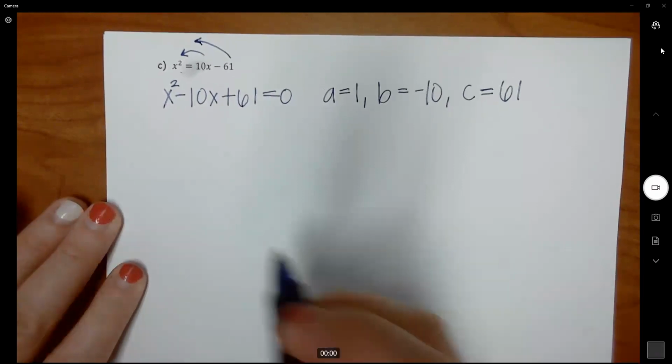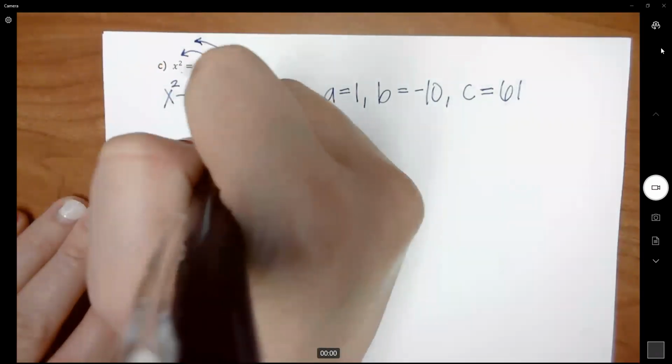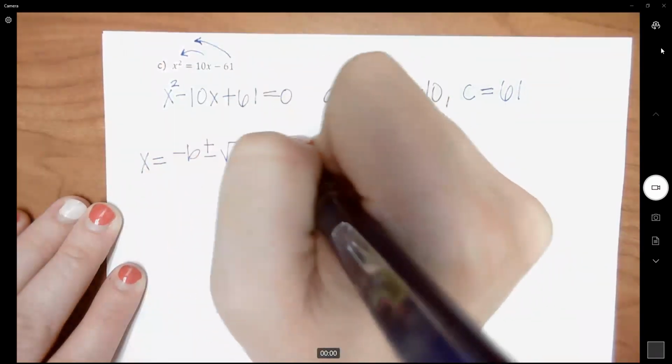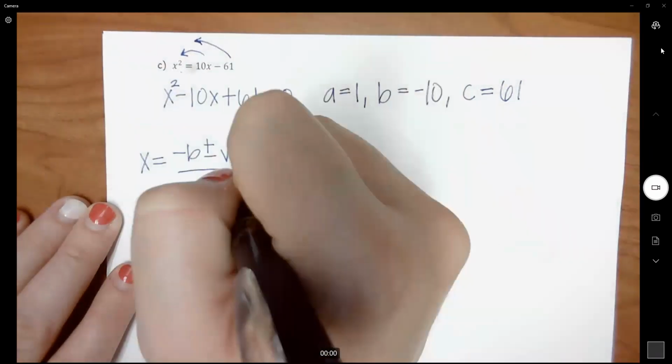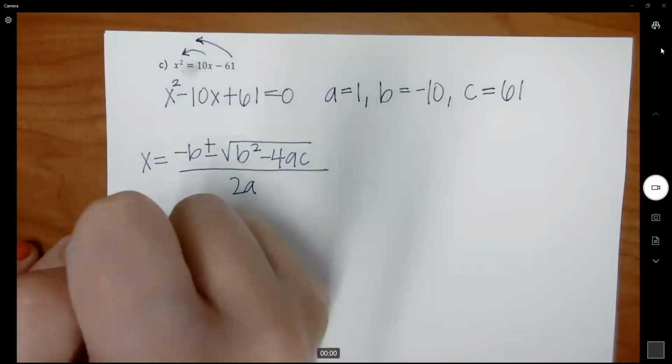So now let's use our formula, and I'm going to rewrite it so we can see it. We get -b plus or minus the square root of b squared minus 4ac, all over 2a. So let's substitute in.